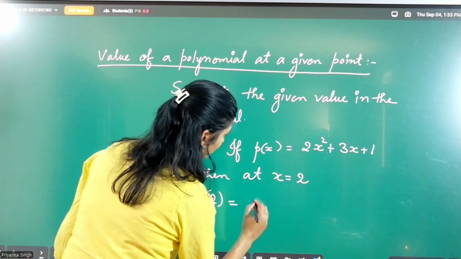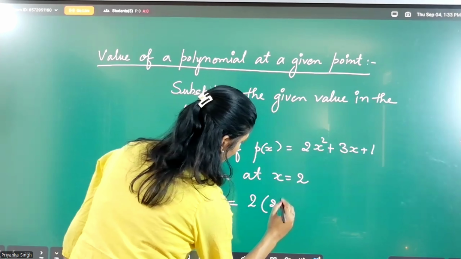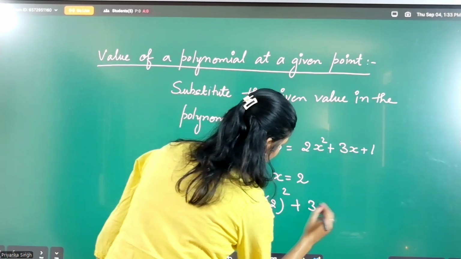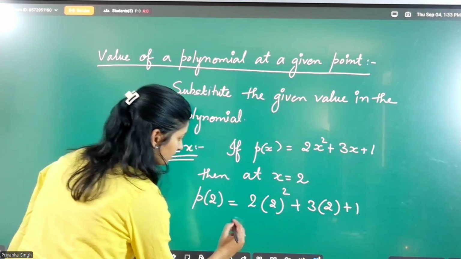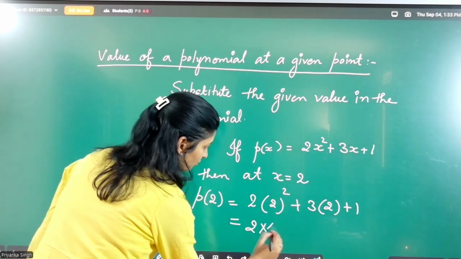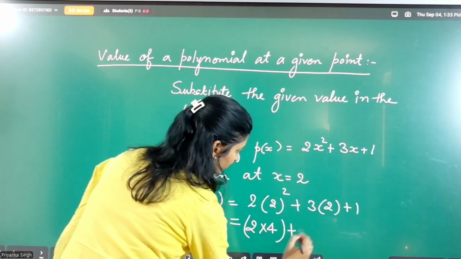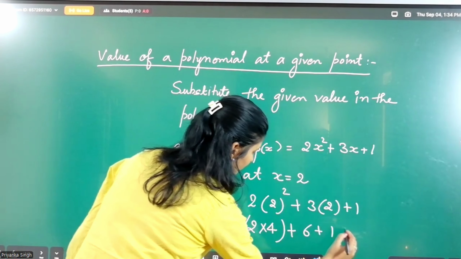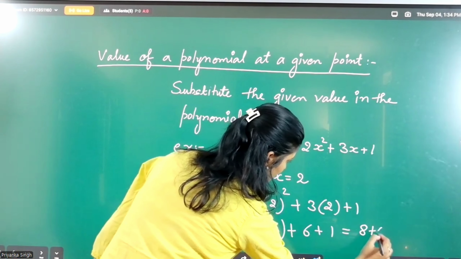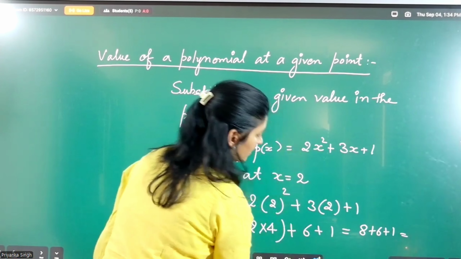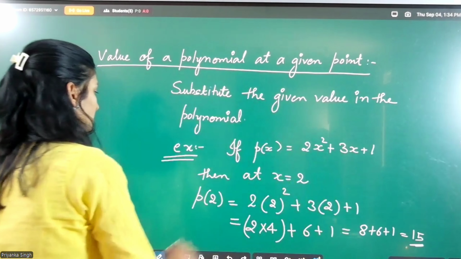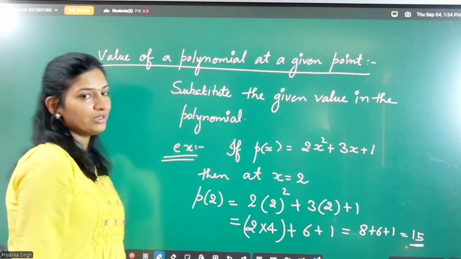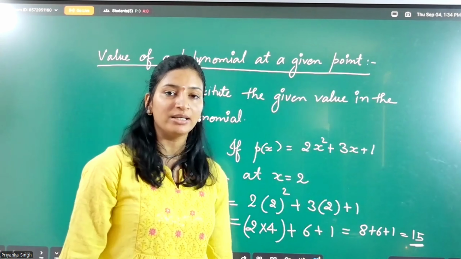The value will be 2 into 2 whole square plus 3 into 2 plus 1, which is equal to 2 into 4 plus 6 plus 1, which is 8 plus 6 plus 1. 9 plus 6 is equal to 15. So this will be your answer. This is how we find out the value of a polynomial at a given point.